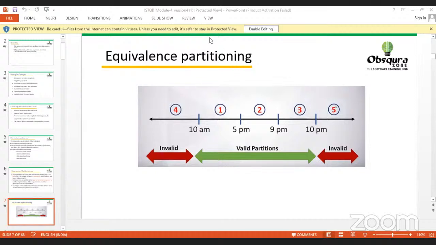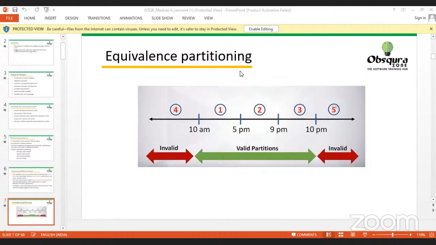Ma'am, do the partitions need to be equal? The partitions that we have done here between 10 a.m. and 10 p.m., does the division need to be equal? No, it need not be equal.